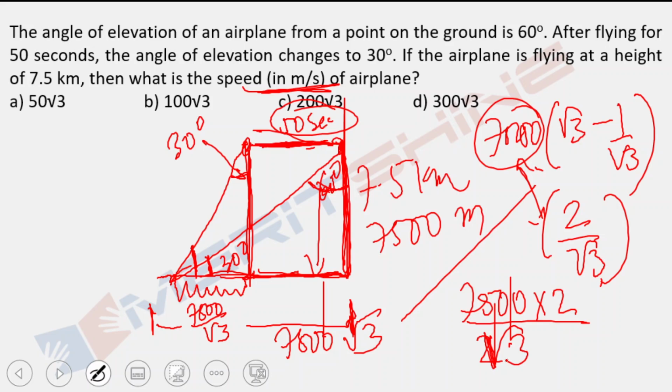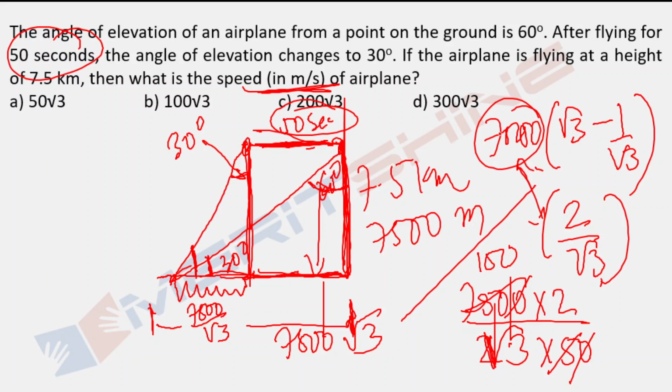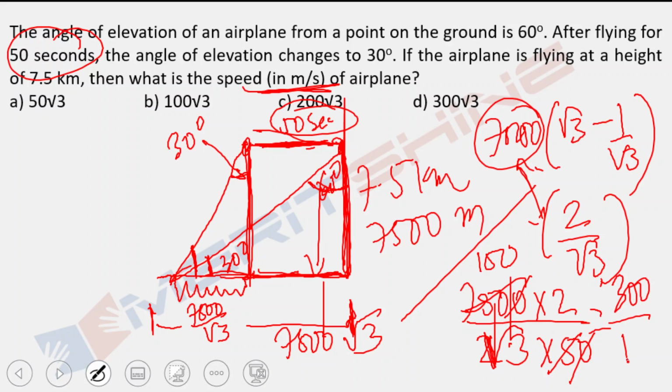Okay. And now this is in meter. And you also had the time, that is 50 seconds. So divide by 50 seconds. So this is gone, this is gone. 5 cancels 750, 150. So now I am getting 300 by root 3. But is 300 by root 3 in the options? No, there is no divided by option here.